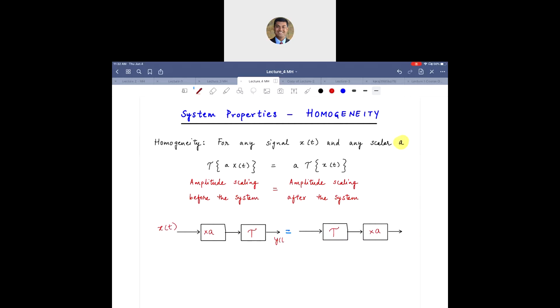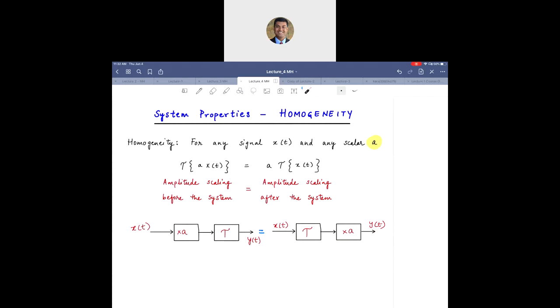If it is the same as going x of t, apply the system operator, scale it, then you get y of t. If the output here is the same as the output here, then you can consider that system to be homogeneous.